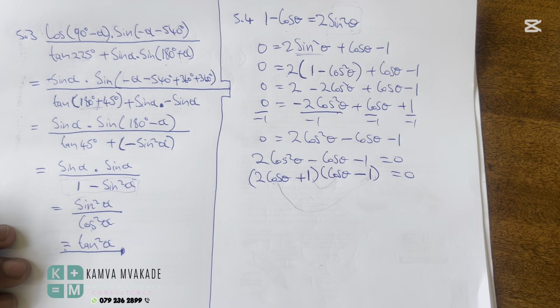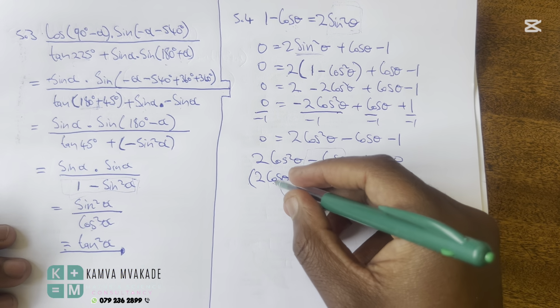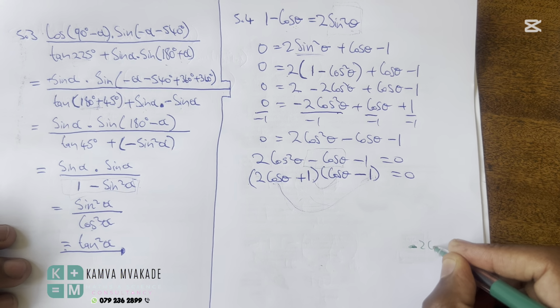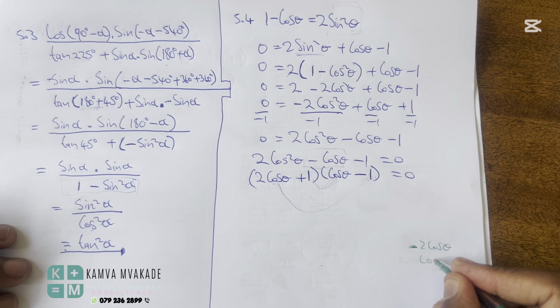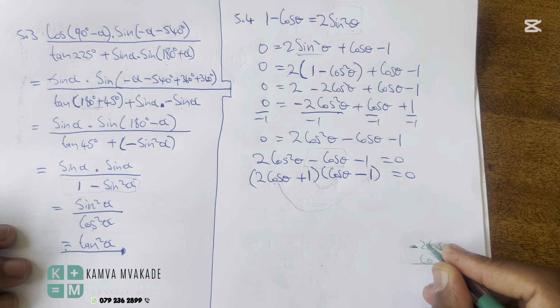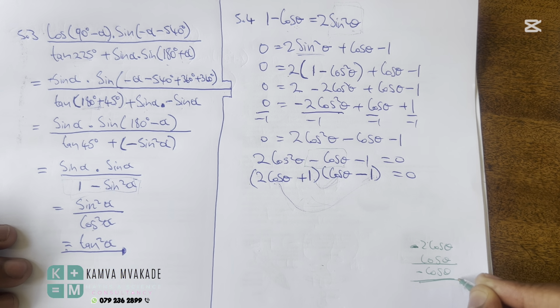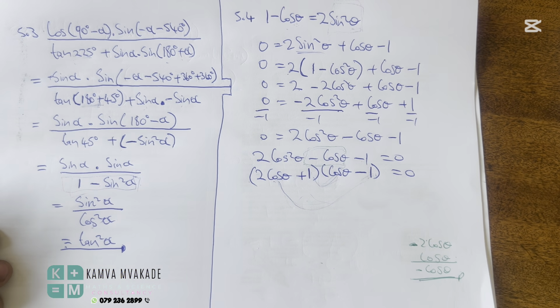So what we want to get is this. If we multiply like that, we're going to have negative 2 cos theta, and if we multiply here, we have cos theta. So negative 2 and the answer is going to be negative cos theta, which is something we're looking for.